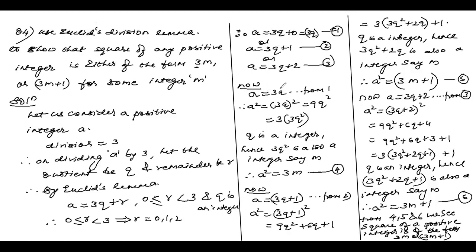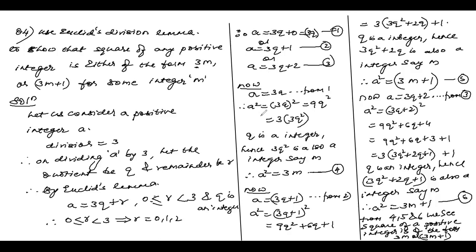So A is equal to 3Q from 1. So A square equal 3Q the whole square, squaring both sides. 9Q square. Can I write 9Q square as 3 into 3Q square? So what I did, I write an argument here. Q is an integer, hence 3Q square is also an integer. And say M.